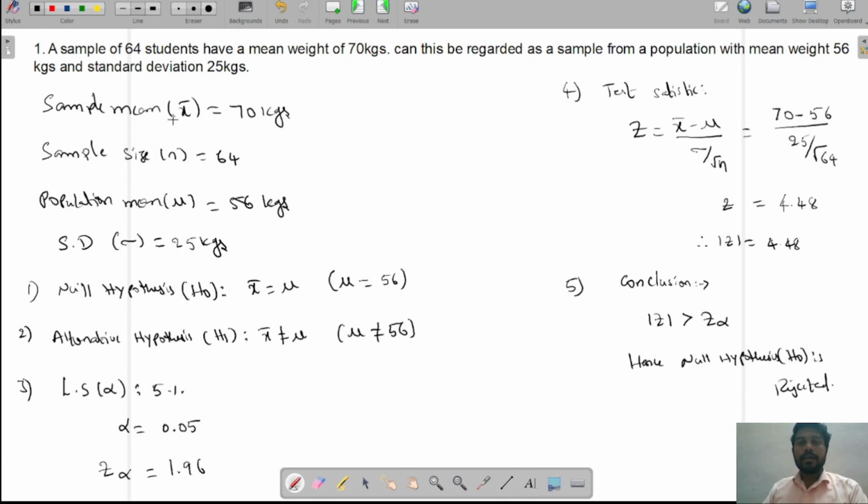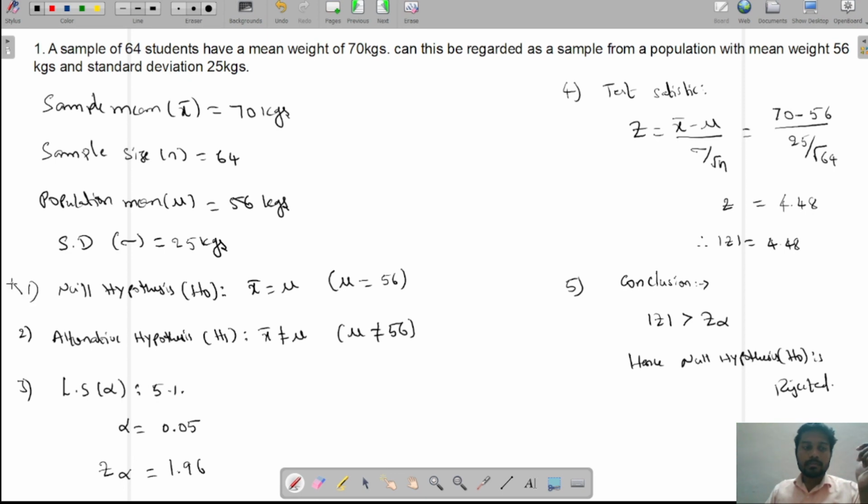To find a single mean, we require these values in the question: sample mean, sample size, population mean, population standard deviation. So these four values should be given in the question. Then after getting all the values, we solve using the working rule.